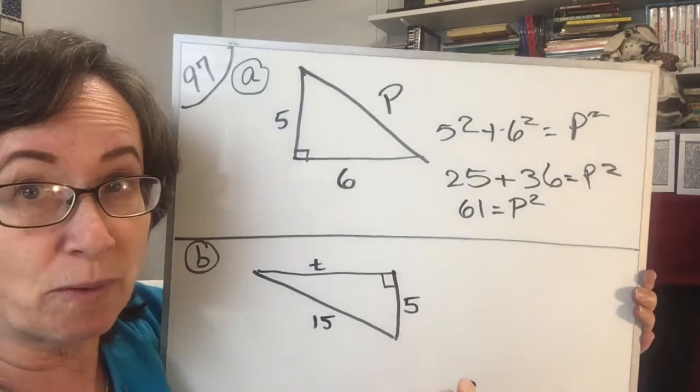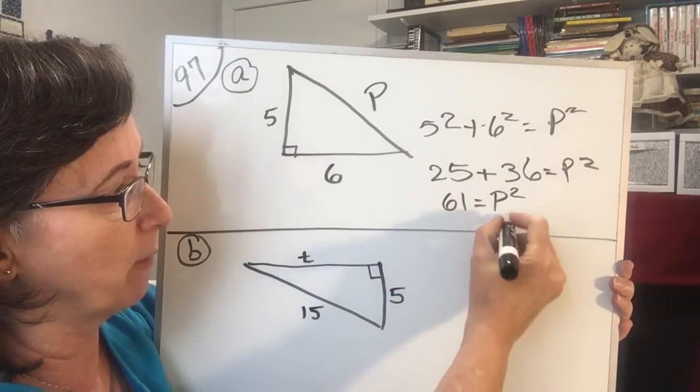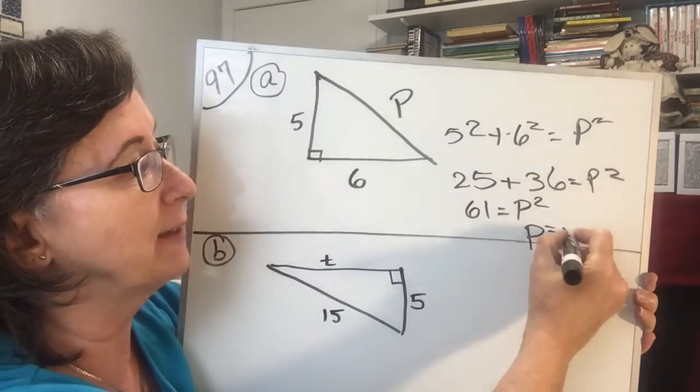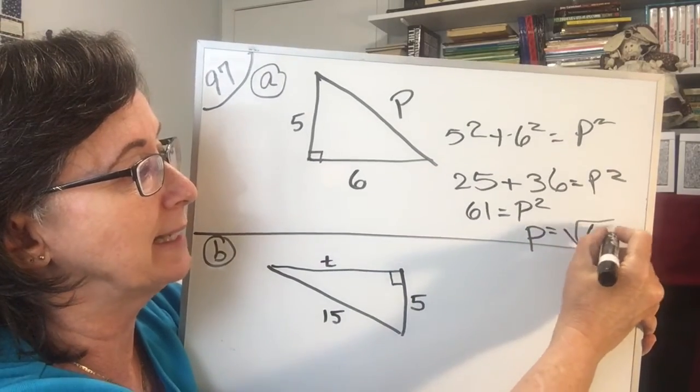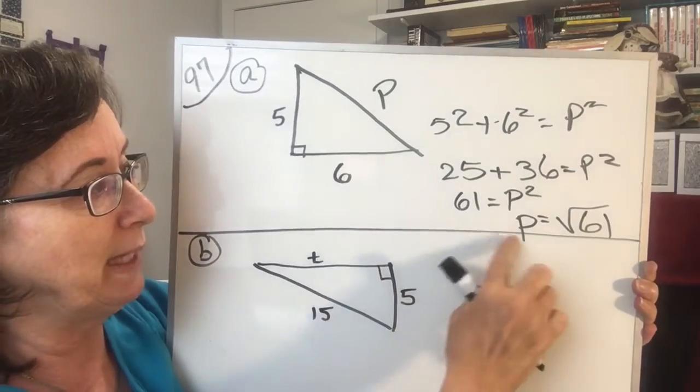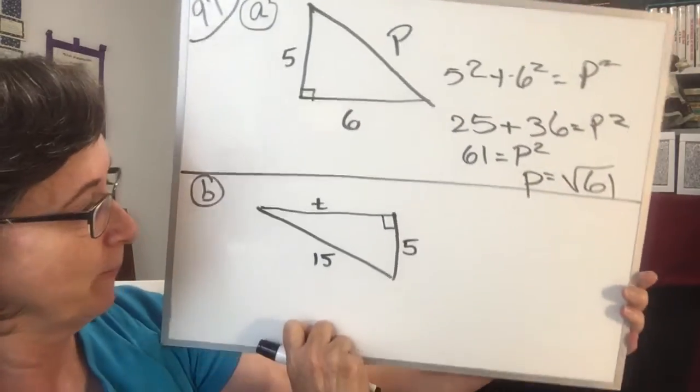Therefore, I need to take the square root of both sides. Our p is plus or minus the square root of 61, but it's a side length, therefore I will only use the positive. So p is the square root of 61.